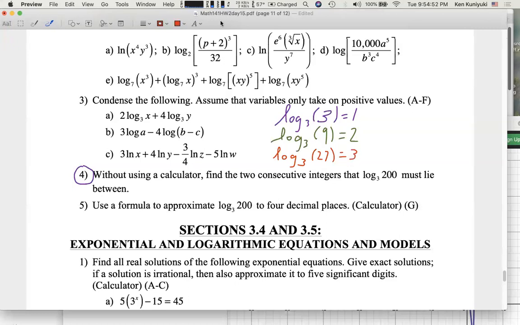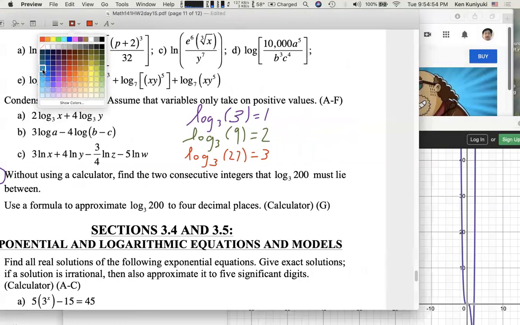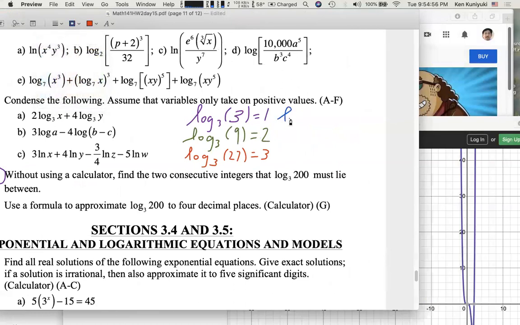Just a couple more of these. Log base 3 of 81. Well, you may remember 81 is 9 squared. So it works out to be 3 to the 4th.